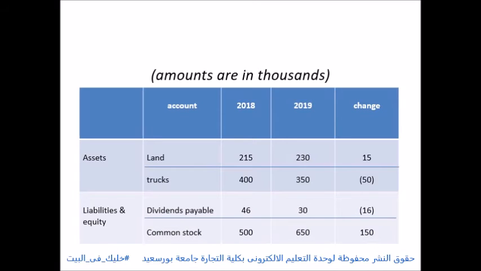Now we have a question. These changes, how can you put them in the cash flow statement? In which location? In operating or investing or financing? And what would be the sign, plus or minus?